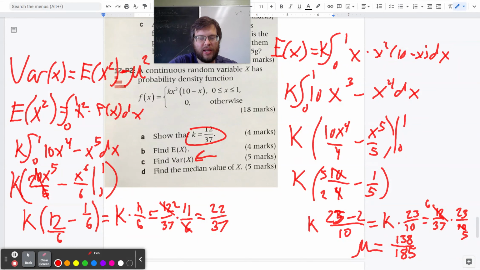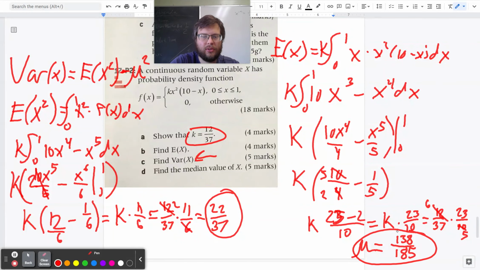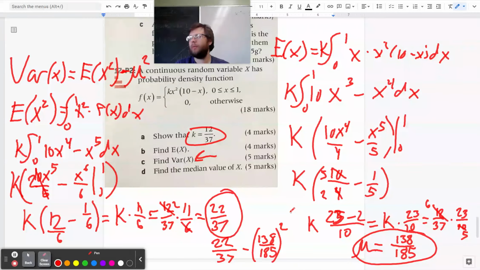Our variance then is this number minus this number squared. So I would just type this into a calculator. 22 over 37 minus 138 over 185 squared. What does that come out to be? It's not particularly interesting what it comes out to be, but that's okay.